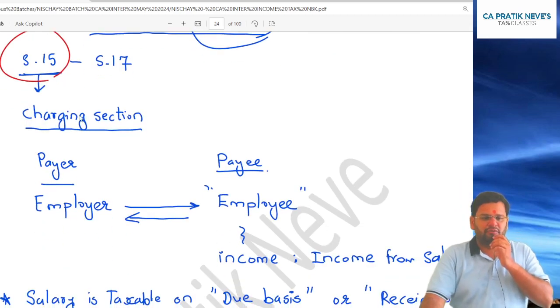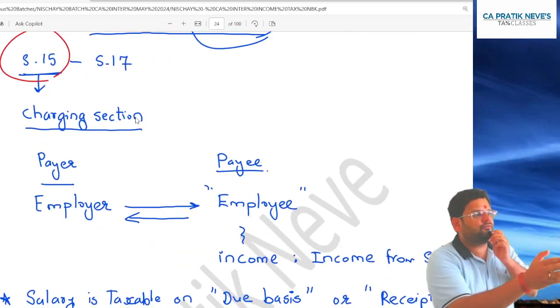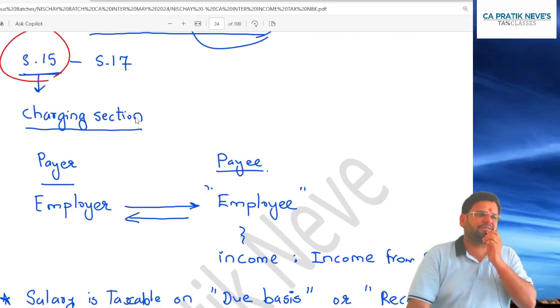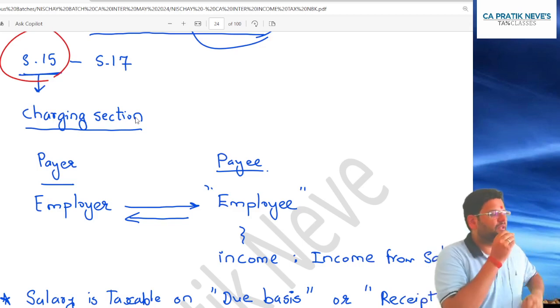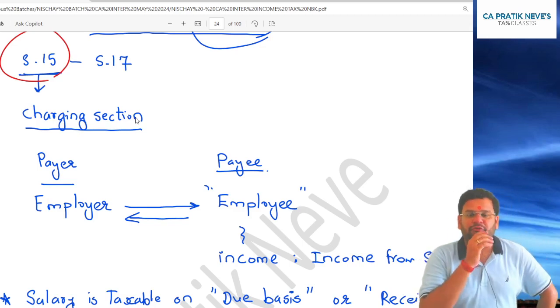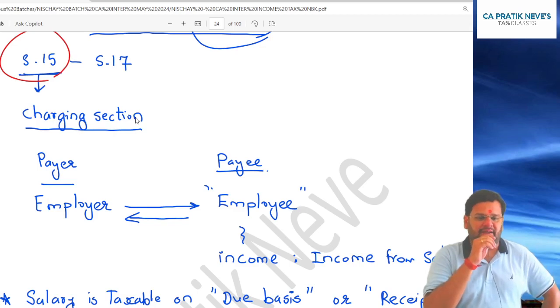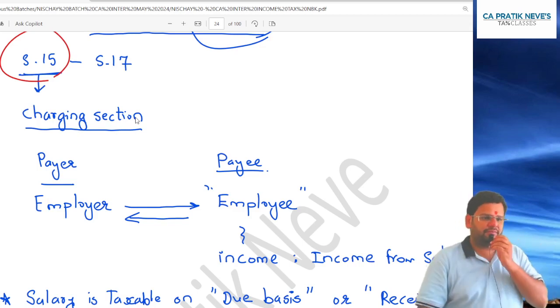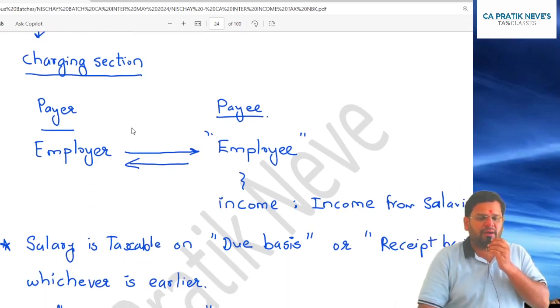So write that 15 to 17 talk about salaries. Of course, 15 to 17 of the Income Tax Act. Whatever sections we will be discussing, they will be of the Income Tax Act. 15 is the charging section. The charging section is talking about the relation between payer and payee, that of employer and employee.